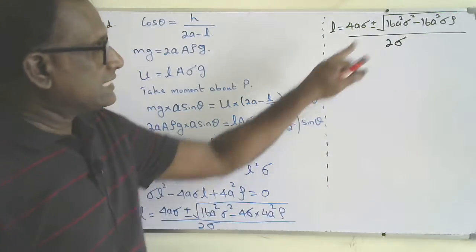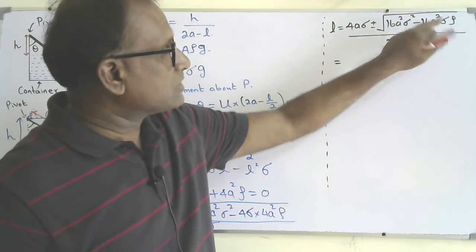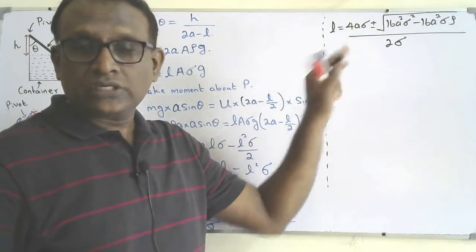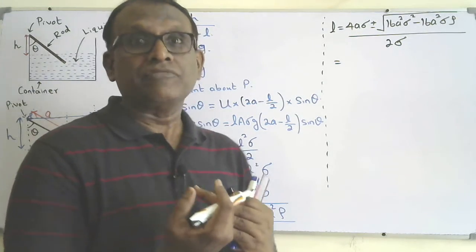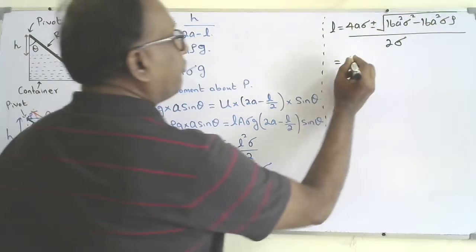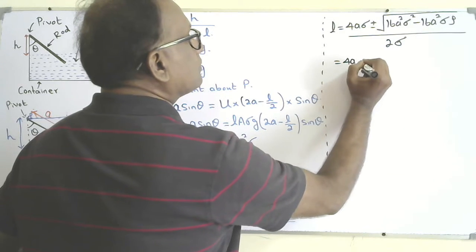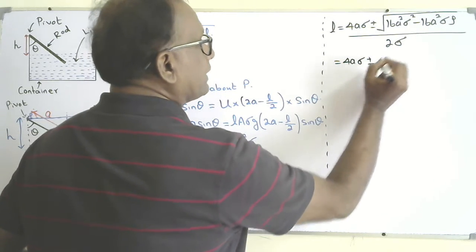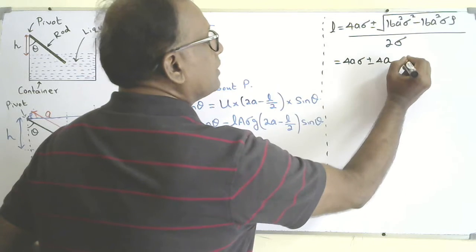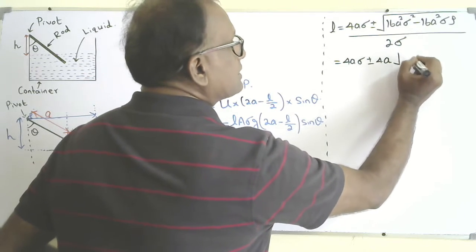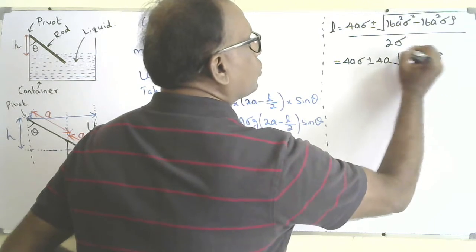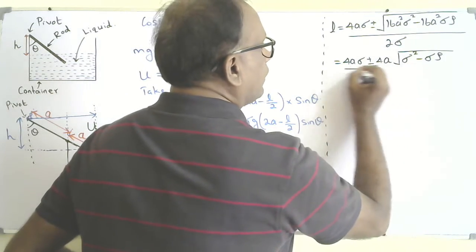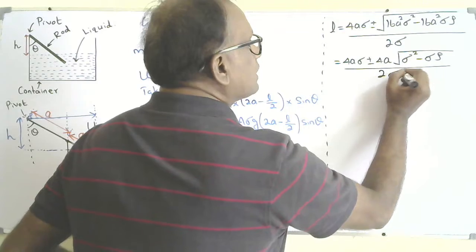So 16a squared, I can take it out of the square root. 16a squared, when it comes out of the square root, becomes 4a. So I can write 4a sigma plus or minus 4a square root of sigma squared minus sigma rho, over 2 sigma.